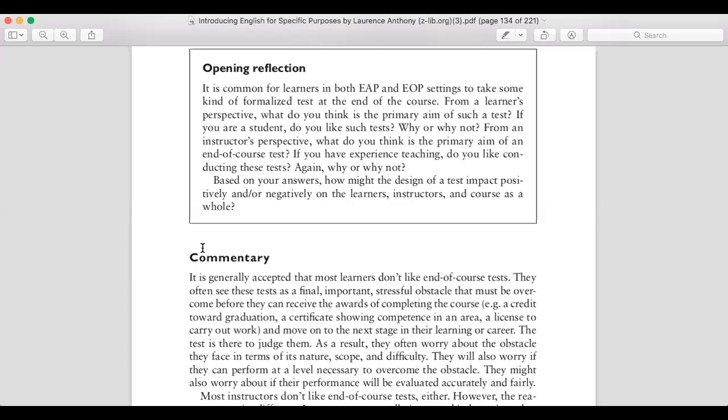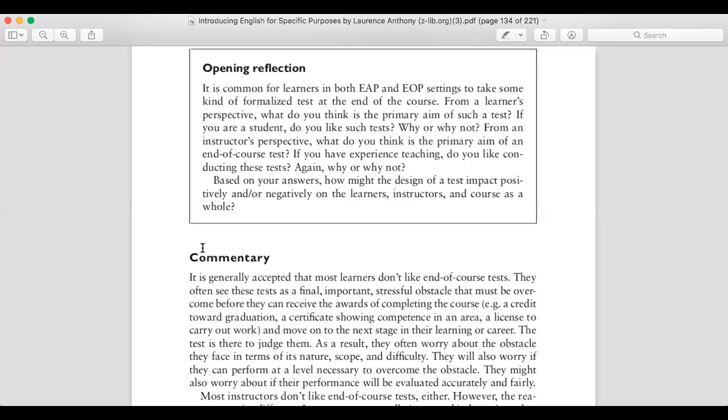Okay. So based on your answers, how might the design of a test impact positively and or negatively on the learners, instructors, and course as a whole? Okay. Now the first thing is usually any kind of test. Even if I tell you now that I'll credit you for your class participation, that also becomes stressful.